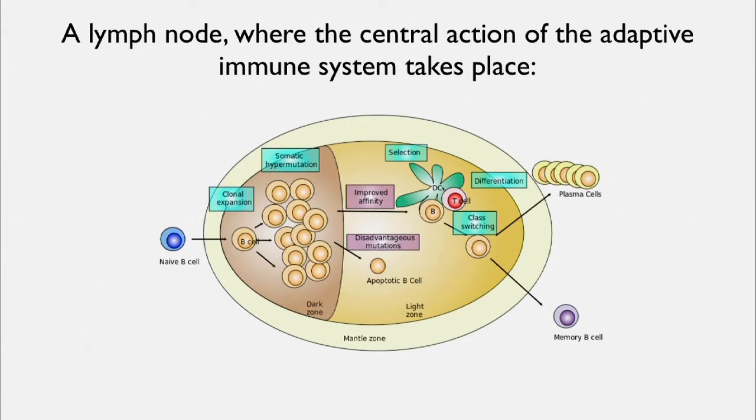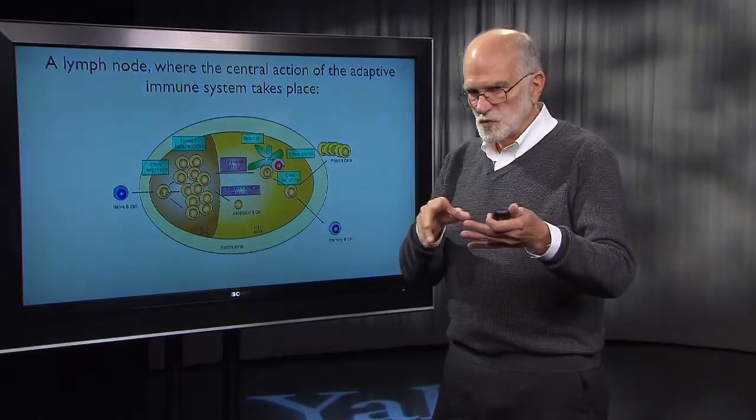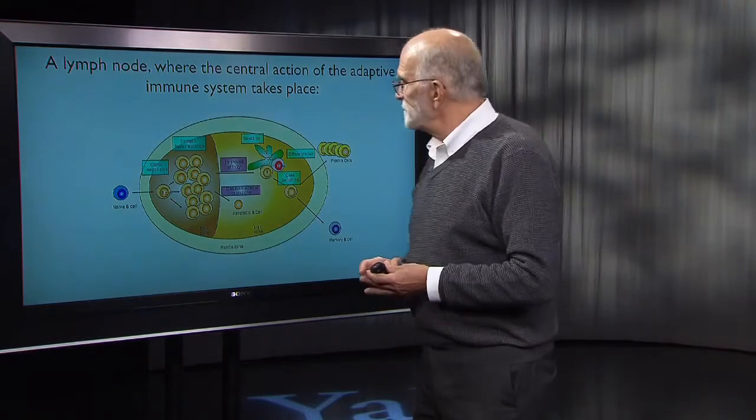And the accuracy of that screening is critical, because if some of the B cells manage to get through that react with self, then you can have an autoimmune disease. So selection then takes place. This is natural selection of B cell clones for the ones that are producing the specific antibody that's been detected by the dendritic cell and presented to the T cell, which then presents it to the B cell, and there's kind of a handshake that goes on at each of these steps. It's a system of control for specificity.